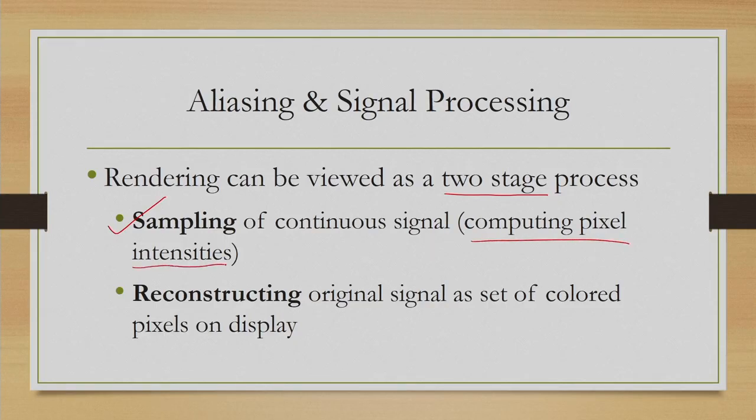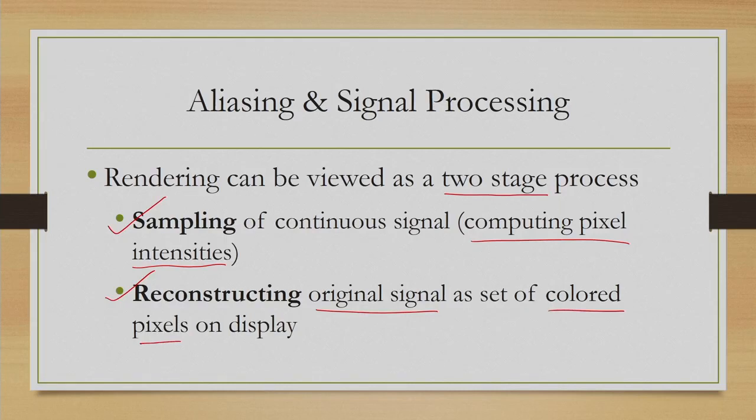So we try to get the pixel intensities. This is what we have discussed so far, how to obtain the pixel intensities from the actual intensities. But there is also a second stage: from the sampled intensities we want to reconstruct the original signal as a set of colored pixels on the display.